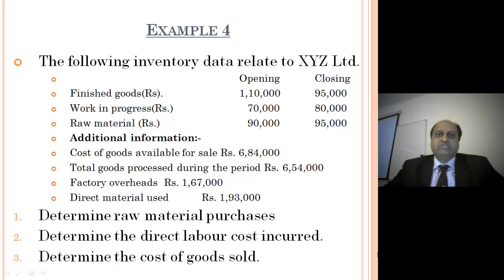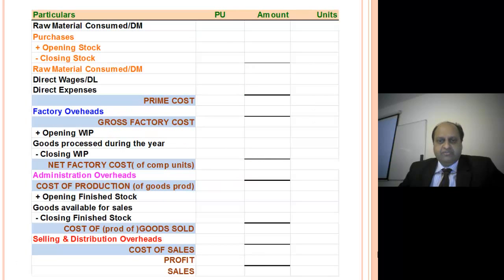So I am doing this question for you. Now, we have opening and closing finished goods as 1,10,000 and 95,000. So let us place the figure.